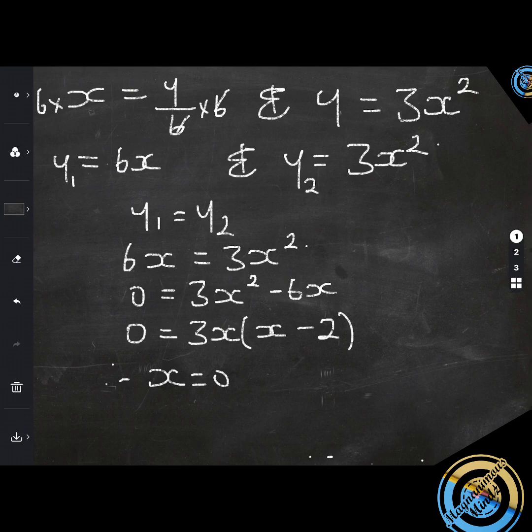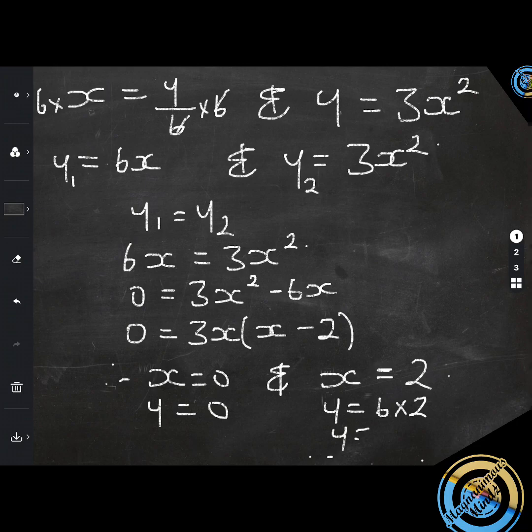Therefore, x equals 0 and x equals 2. And then our y values: here the y value is 0, and here the y value is going to be 6 times 2. So the y value is 12 in this case.